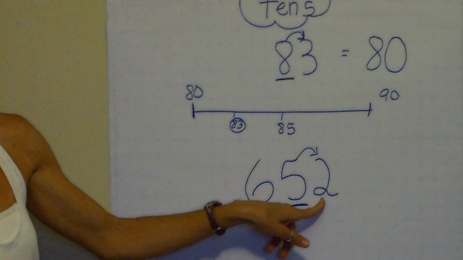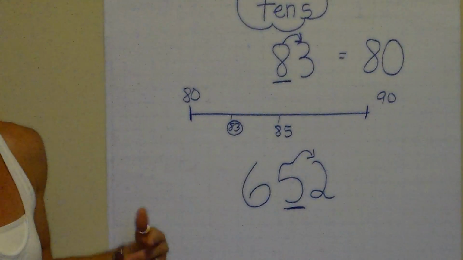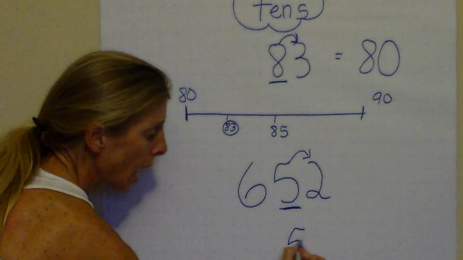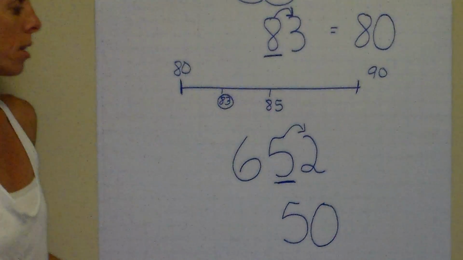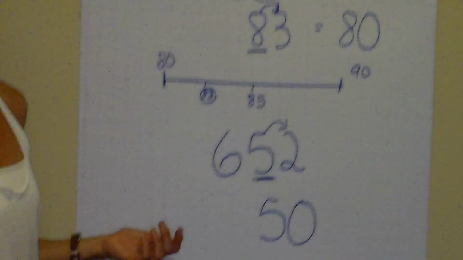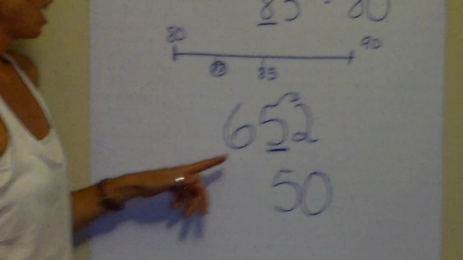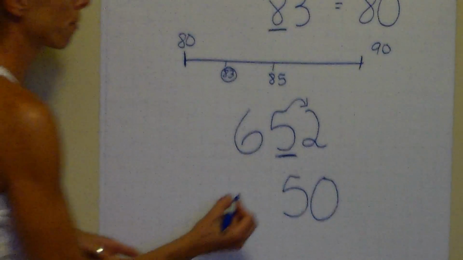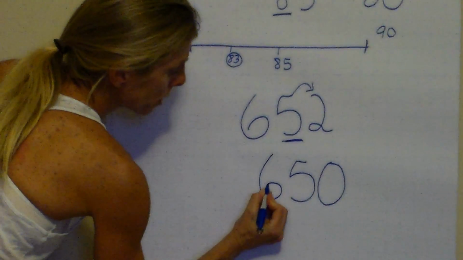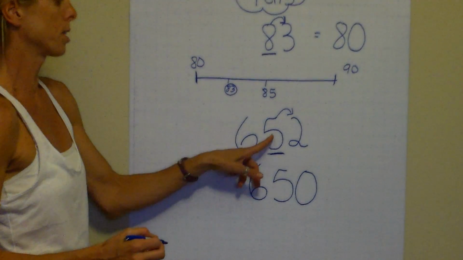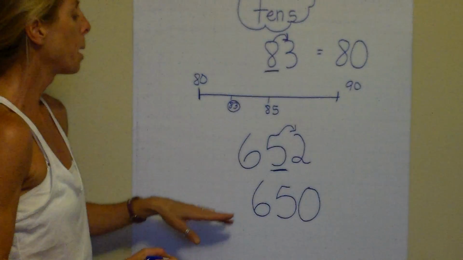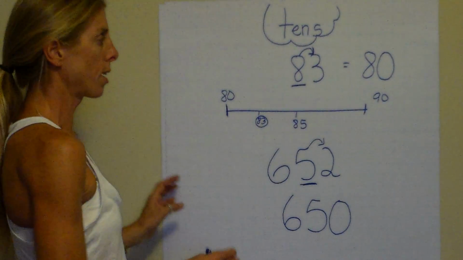So since this is 4 or below, I'm going to leave that 5 alone. And everything after it becomes a big, fat 0. But wait, did I forget something? I did. I gotta make sure that I put that number in front. Now for the most part, this number is not going to change. There are certain situations where it does change, like when this is a 9 and it has to become a 10. But we're just going to stick with the basics for right now.